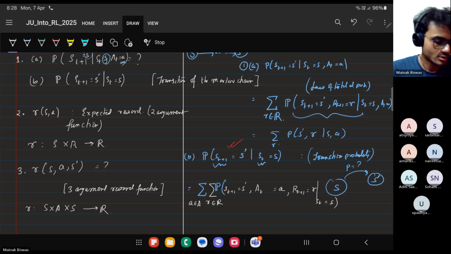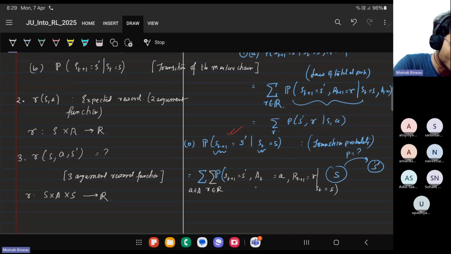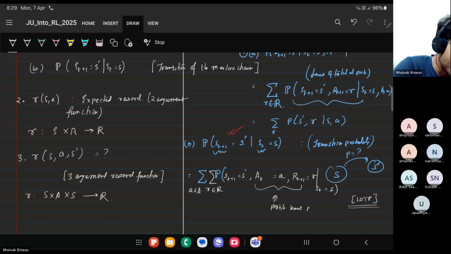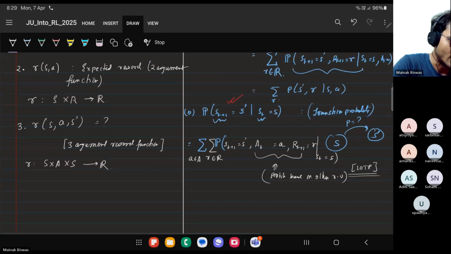So I just introduce the two remaining random variables and use the law of total probability. This is the trick: whenever you have to introduce other random variables in a distribution, just use the law of total probability. Sum over the others, partitioning based on the other random variables, as Antariksh was saying. Those are the required ones.